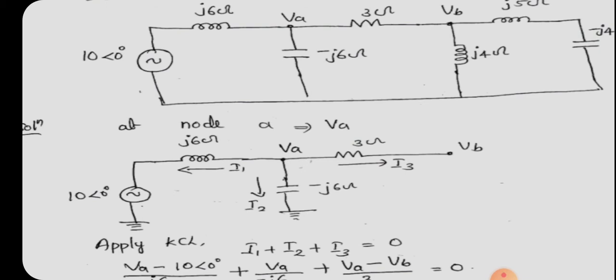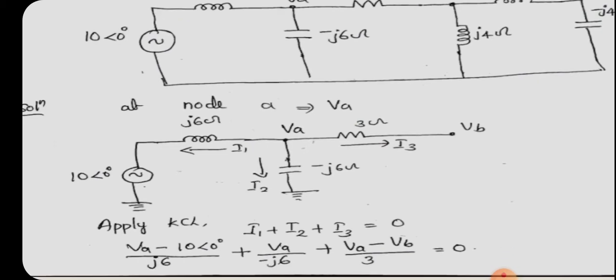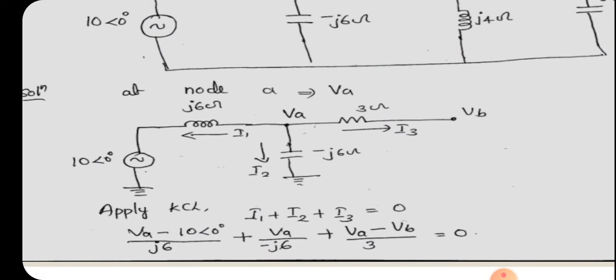So I1, I2 and I3 are marked, and then we can write Kirchhoff's current law: I1 plus I2 plus I3 equal to 0. Here I1 equals (VA minus 10 angle 0) divided by J6, I2 equals VA divided by minus J6, and I3 equals (VA minus VB) by 3.